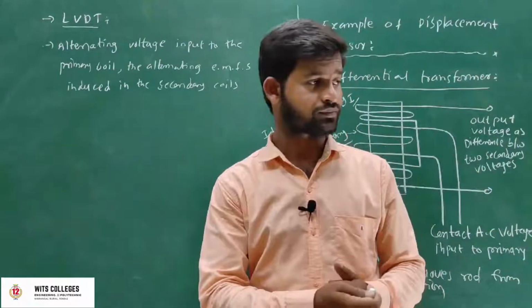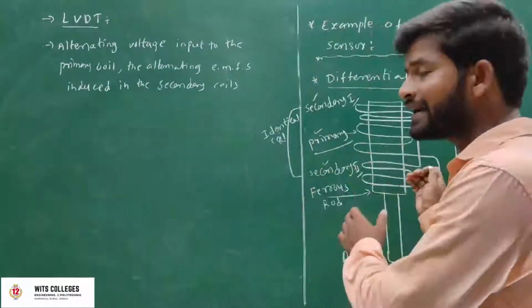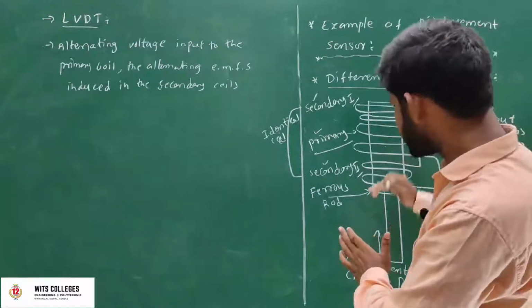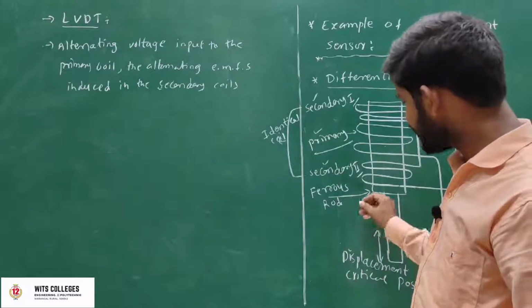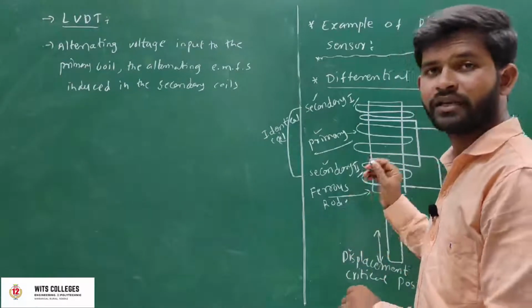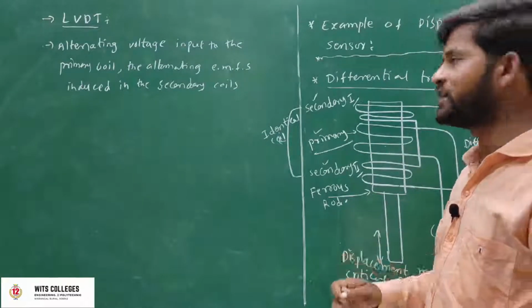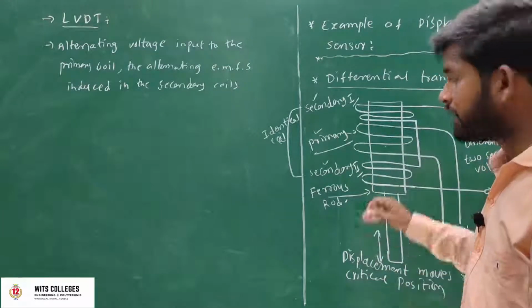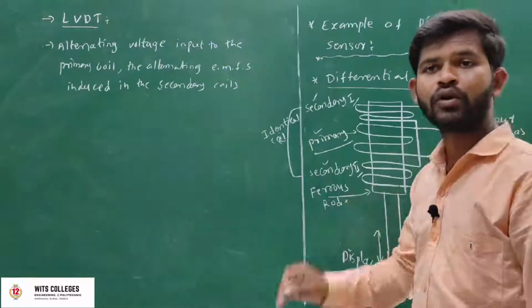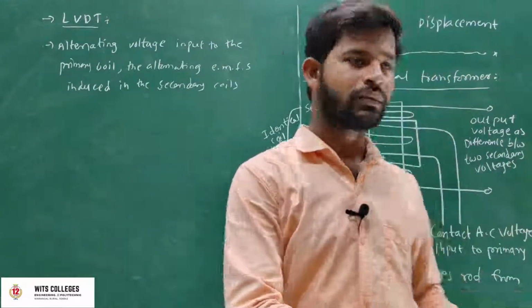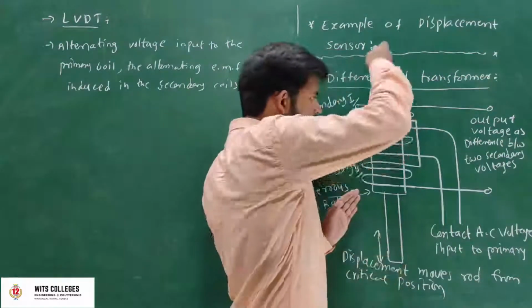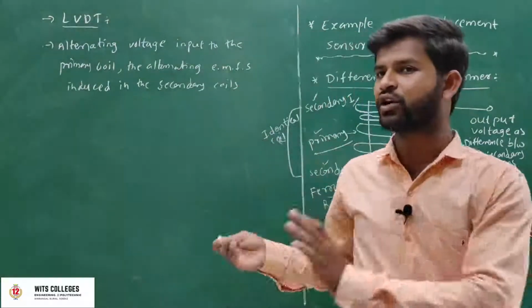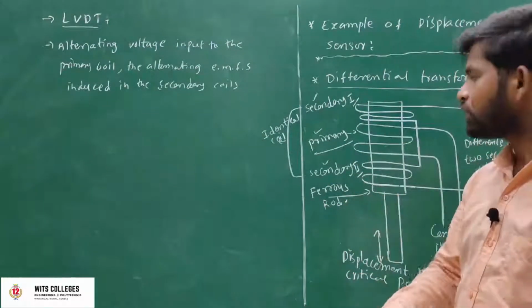In this one, a magnetic core, a ferrous rod, is moved through the insulated central tube as a result of the displacement being monitored.